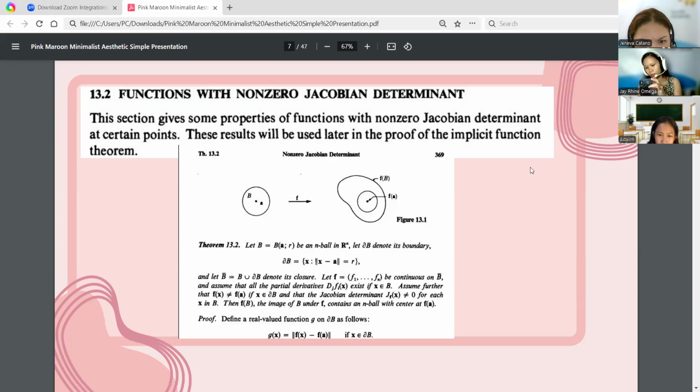If you want to know more about the explanation of that one, please read the details below the figure. So let's proceed to the next slide.